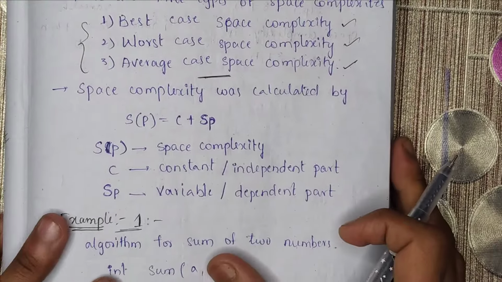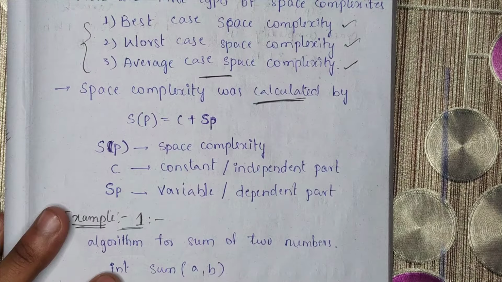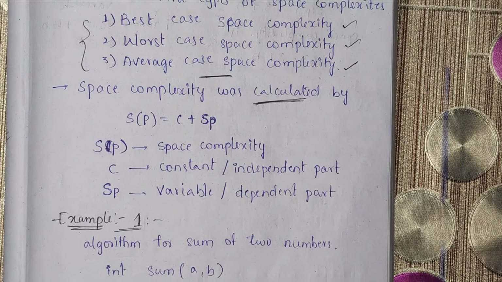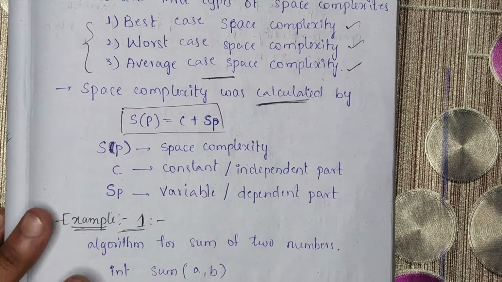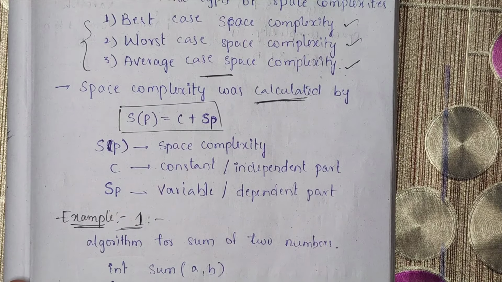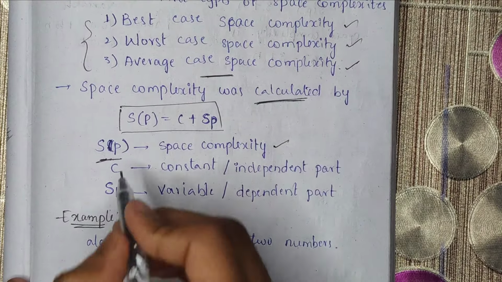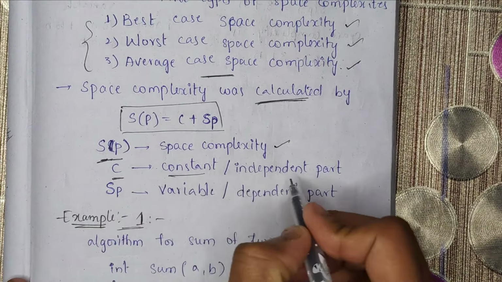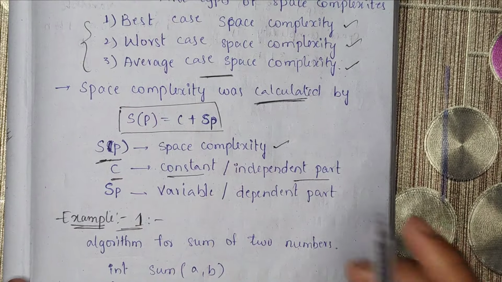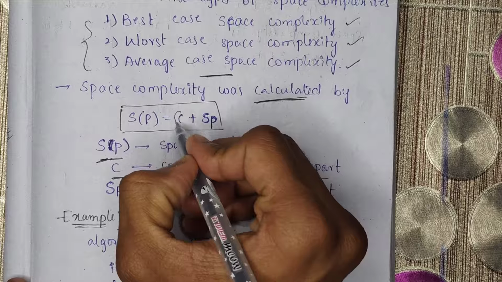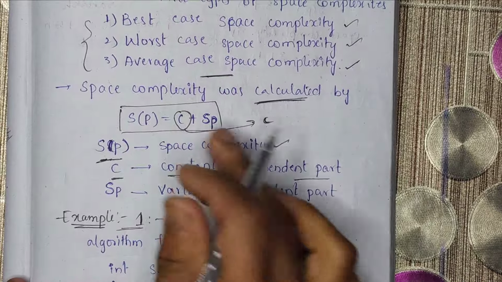Now, coming to how we calculate the space complexity, this is the formula to be used. Here S(P) is the space complexity. C is a constant, or an independent part. This constant is independent from the variables.